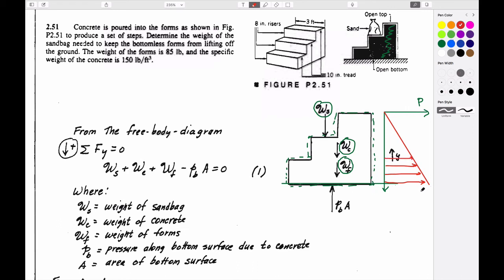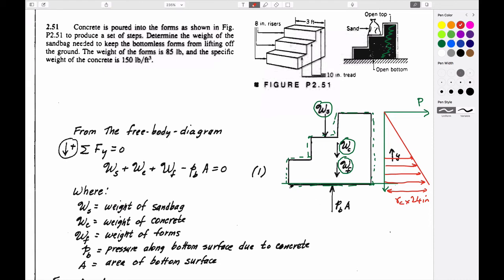And so this magnitude here is equal to gamma concrete times this height, right? This is pressure. And they are 8-inch steps, so this is 24 inches, which is 8 plus 8 plus 8, right? One step 8, one step 8, one step 8.